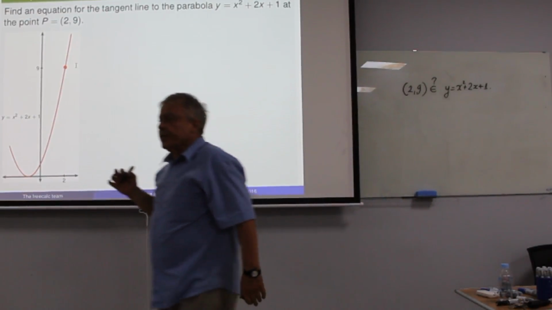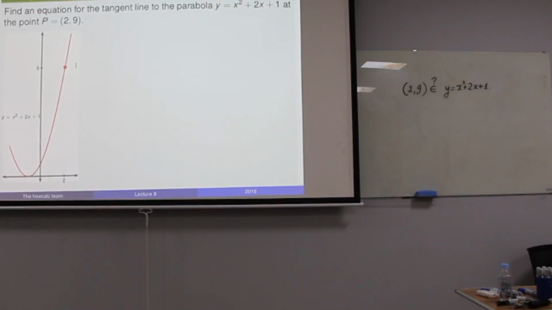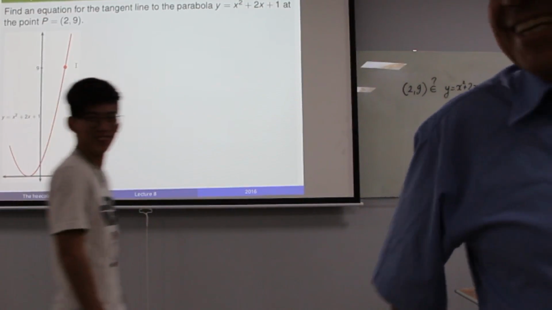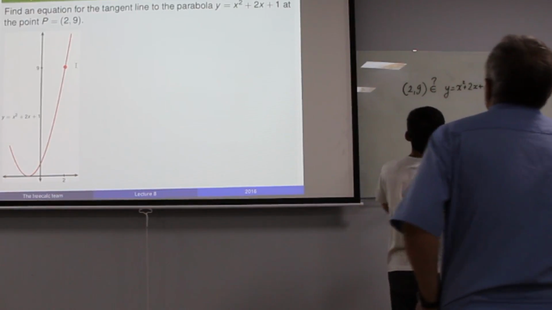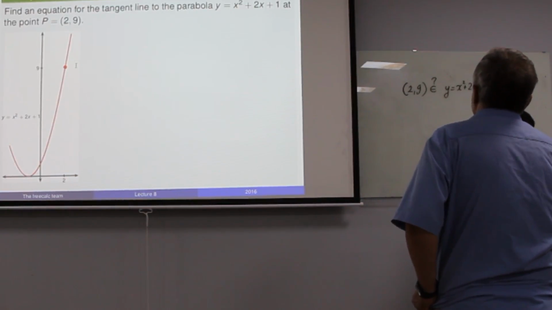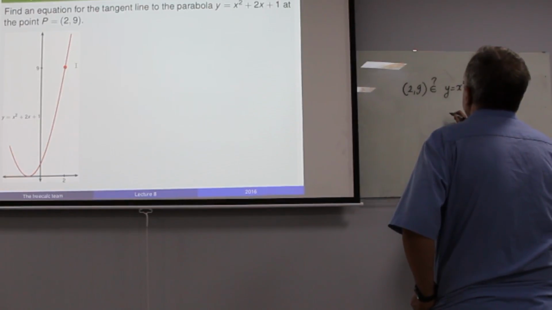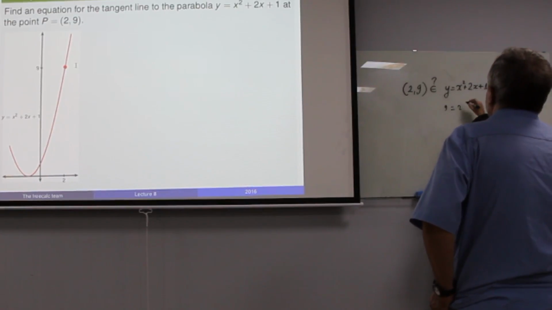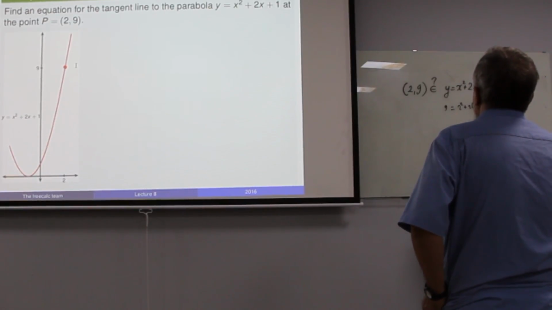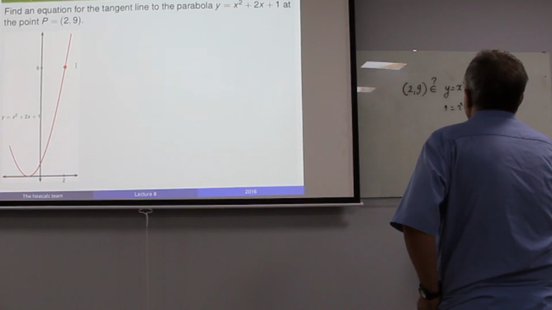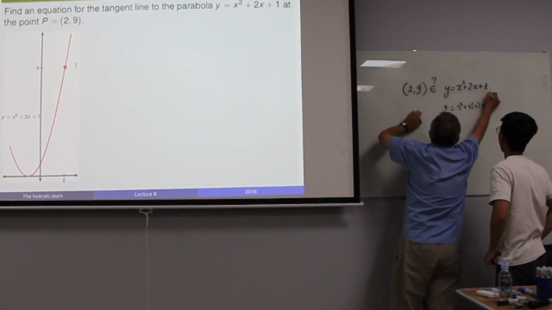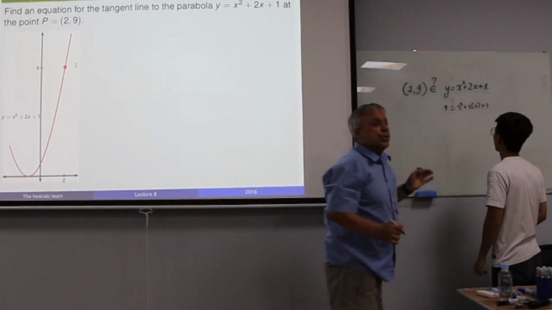Can you come and check? You just have to substitute 2 instead of x, you substitute 9 instead of y, and you check if you get, yes, 2 squared plus 2 multiplied by 2 plus 1. But, guys, you see here, now here it's clear, but here you have to put the question mark.